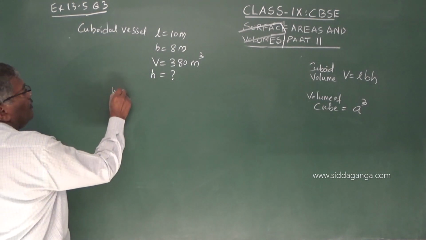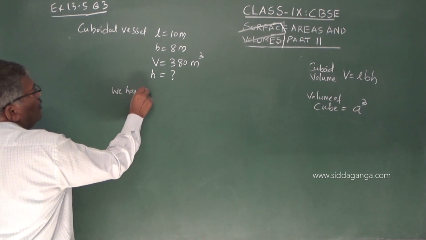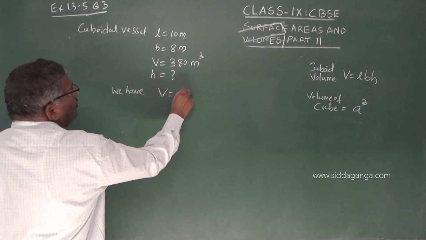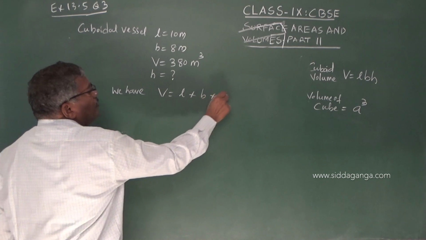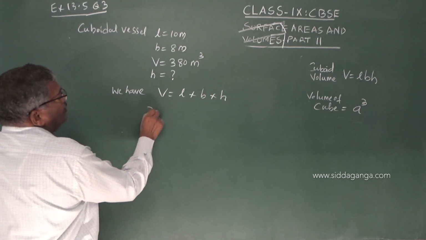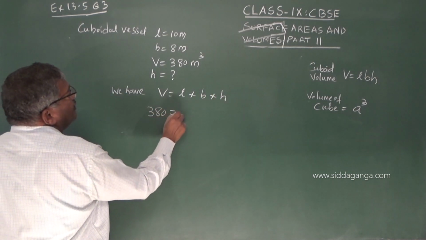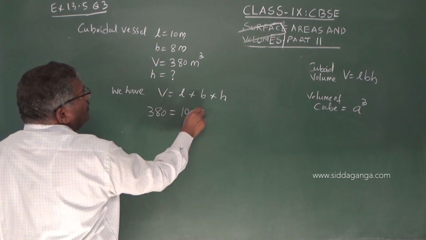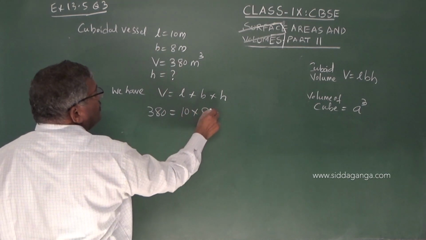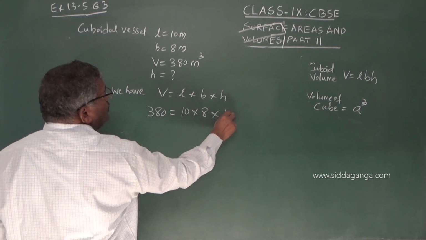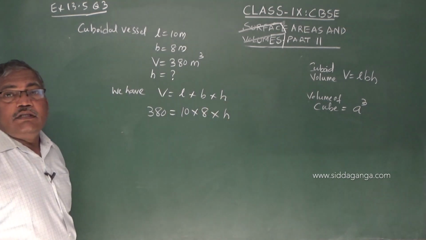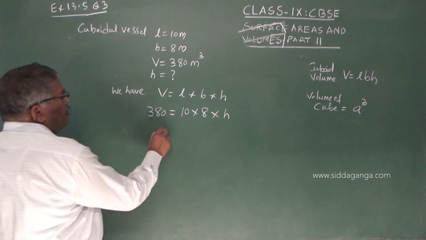This is a simple question. We have volume is equal to L into B into H. This is 380 equals L is 10 into B is 8 into H is not known. Just calculate H, that's all.